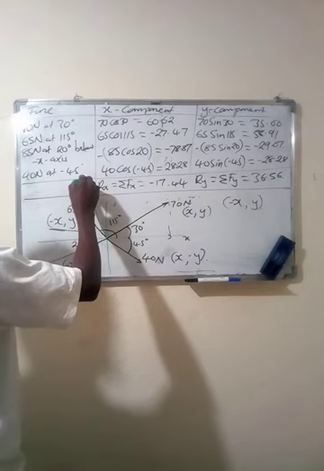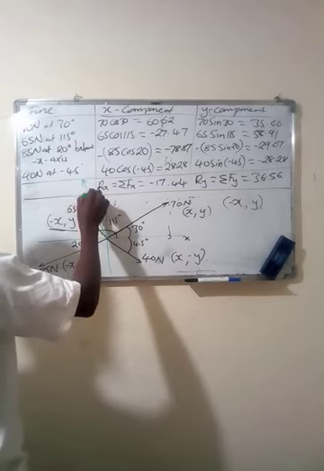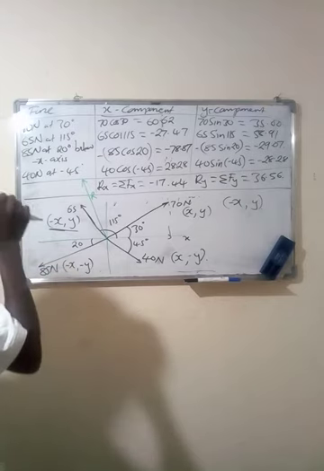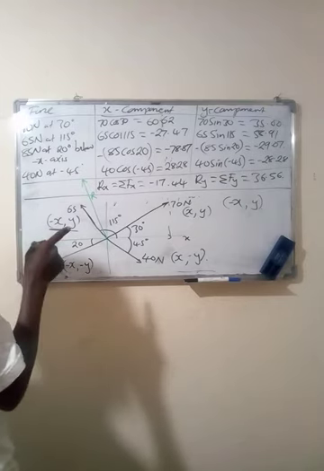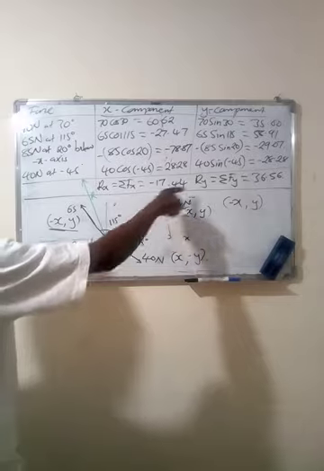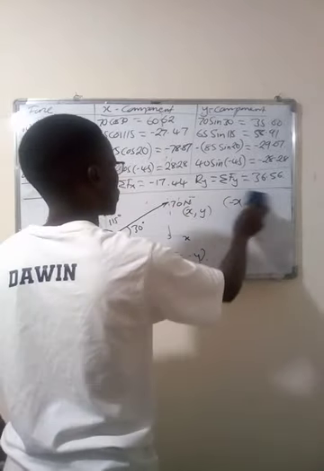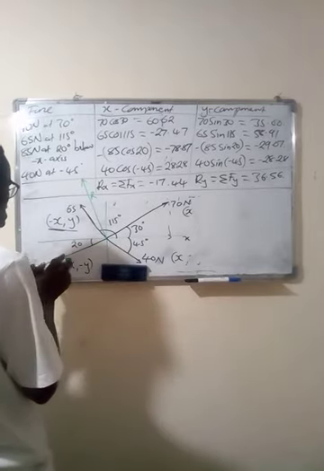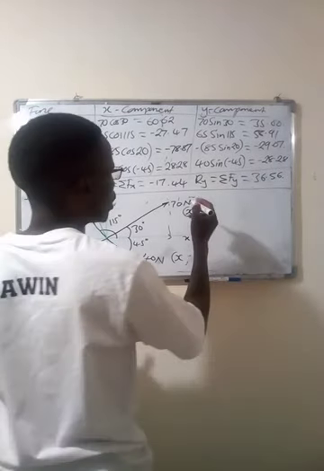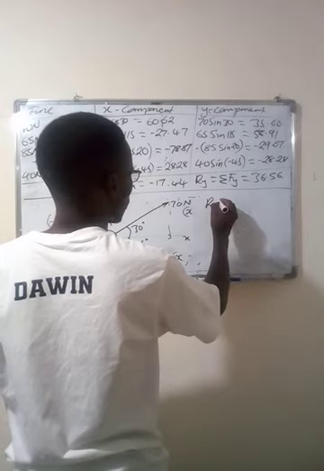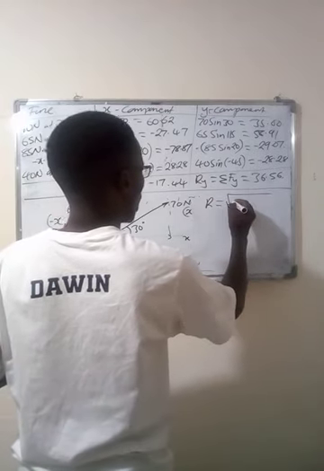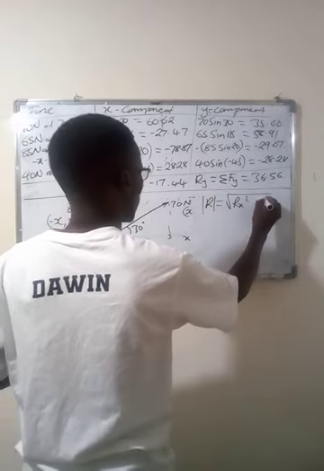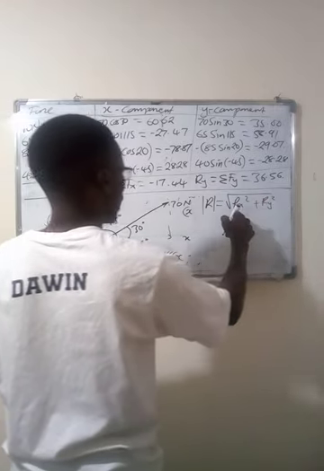So let's go ahead and find the magnitude and the direction of the resultant vector. Of course, we know that in this case, the magnitude of the resultant is going to be the root of Rx squared plus Ry squared, where Rx is the x component of the resultant force and Ry is the y component of the resultant force.